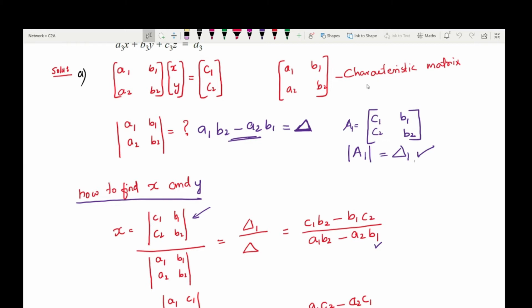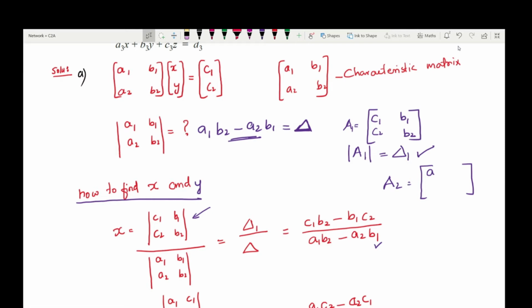Similarly, how to find y? In order to find y, what is the coefficient corresponding to the y variable? It represents the second column entries. In a similar way, we remove the second column entries, retaining all other column entries.